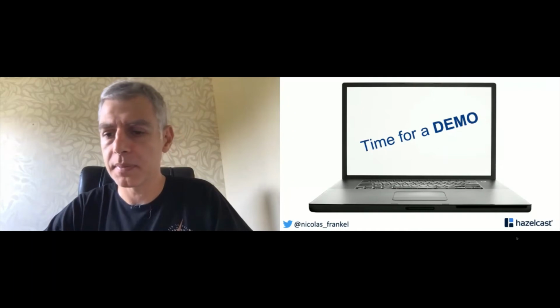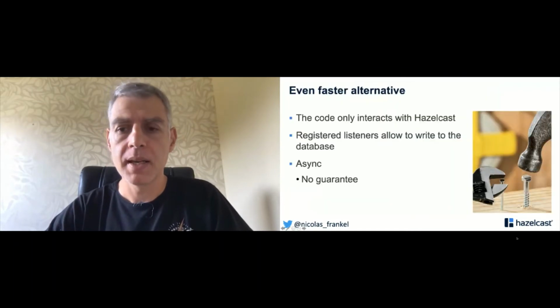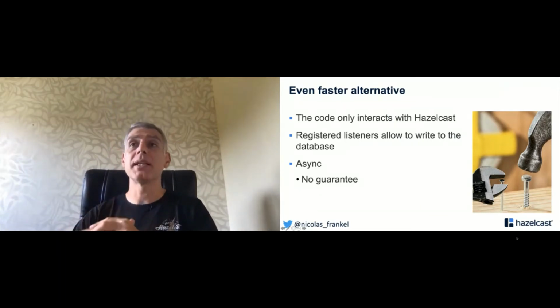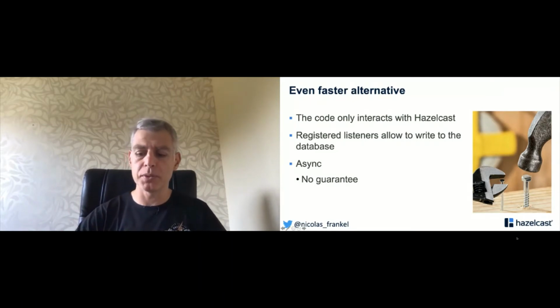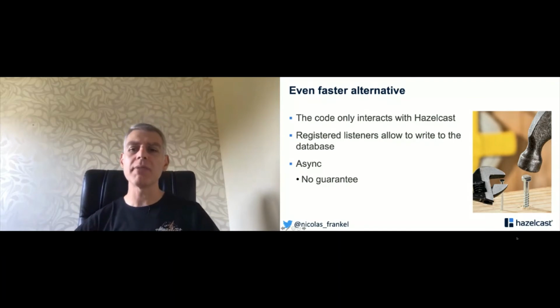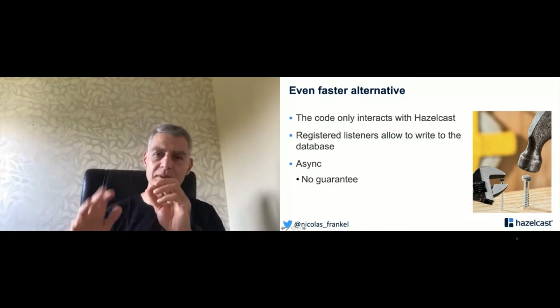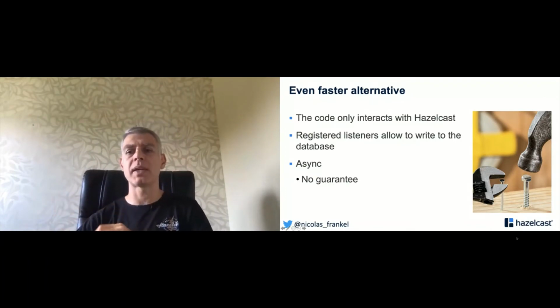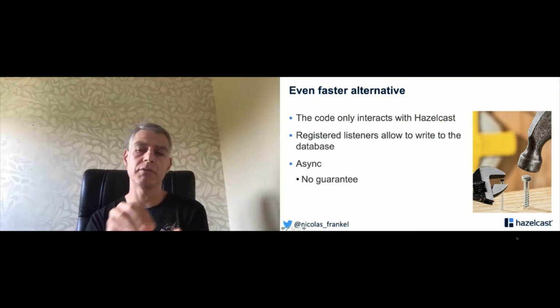Now, next one. I showed you how you could handle that with Hibernate, but actually every time you manage through Hibernate, you still sometimes need to do database access. So if you want really fast performance, but there is a trade-off, of course, there is no guarantee, what you can do is interact only with Hazelcast, both on reads and on writes.